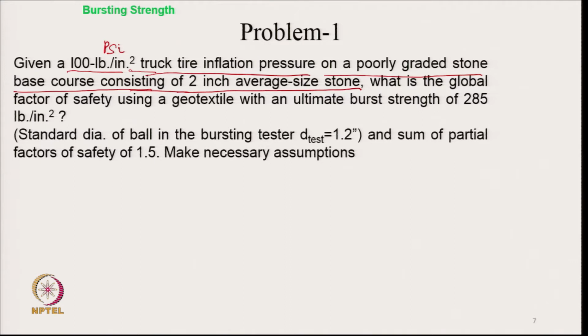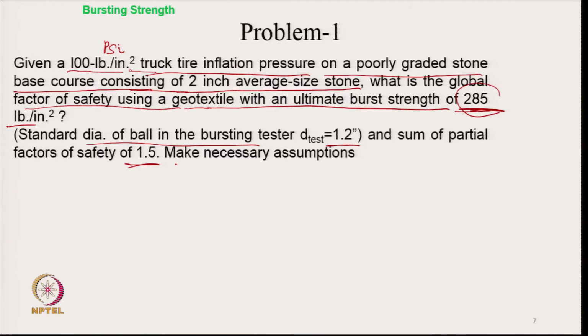Here the question is what is the global factor of safety using a geotextile with ultimate bursting strength of 285 psi. So, standard diameter of ball bursting strength is 1.2 inch, that we can use here, and partial factor of safety is 1.5.